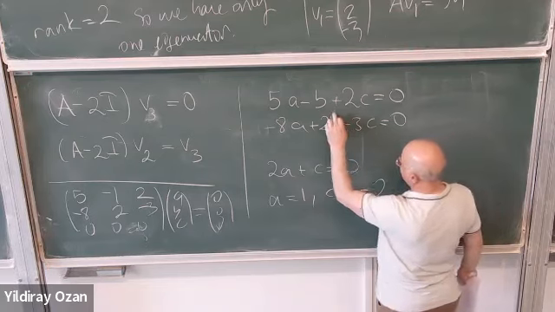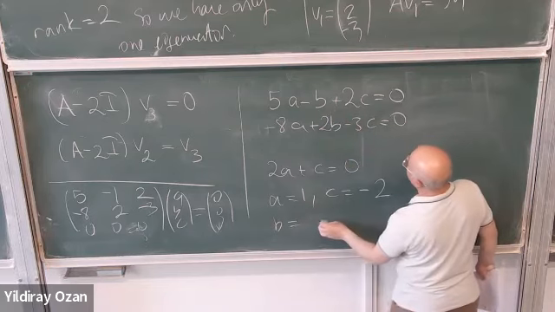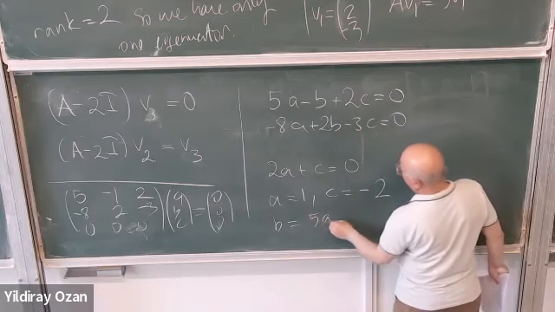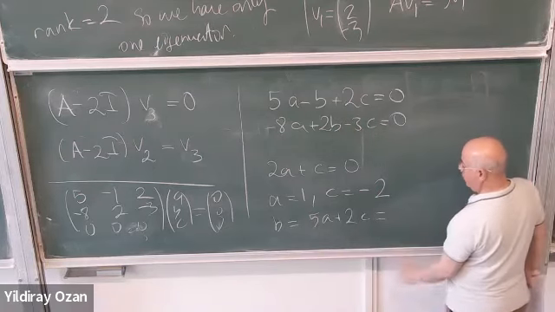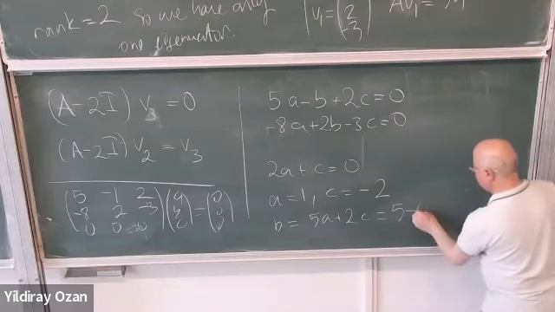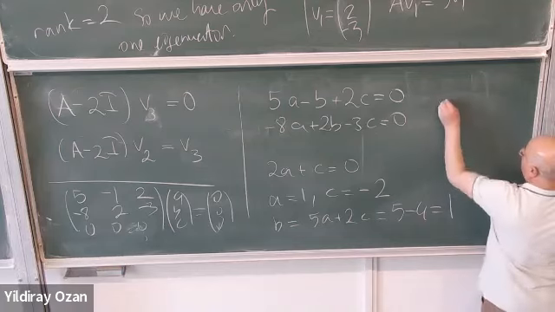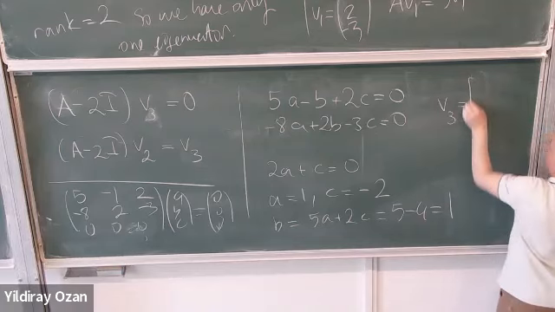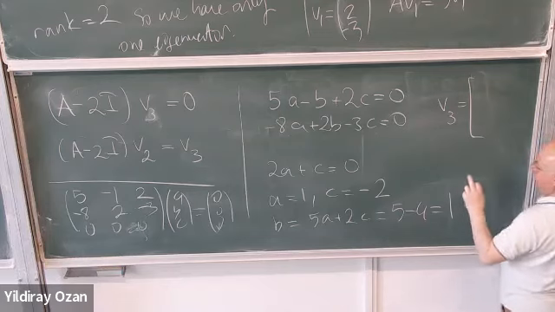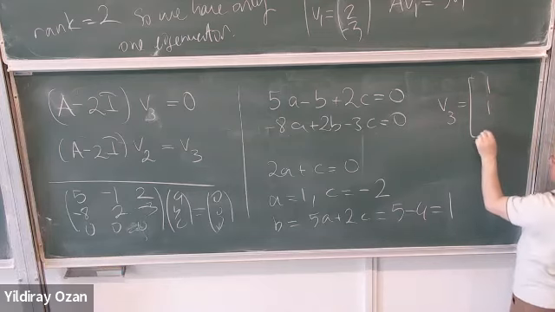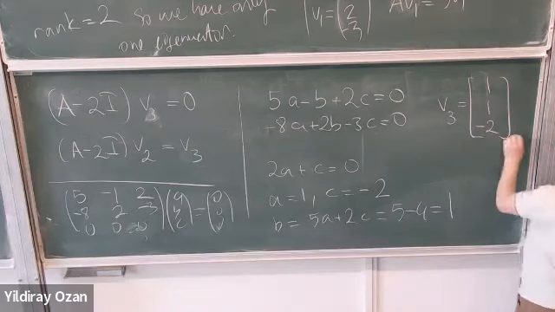B'yi de buradan çözeriz. B'de neydi? Siz söyleyin. 5A artı 2C. Dolayısıyla 5 eksi 4, o da 1. Değil mi? Oldu mu? So, the eigenvector is just A, B, C: 1, 1, minus 2.